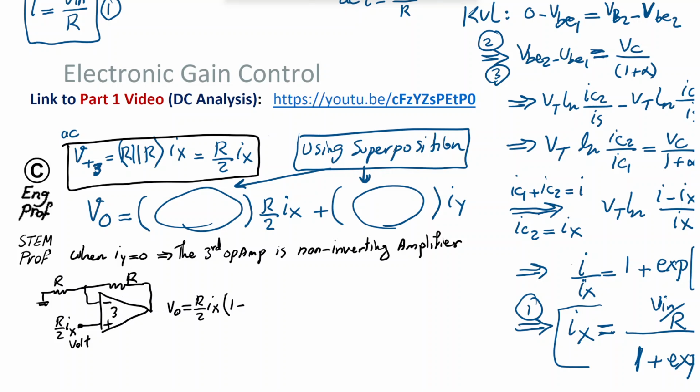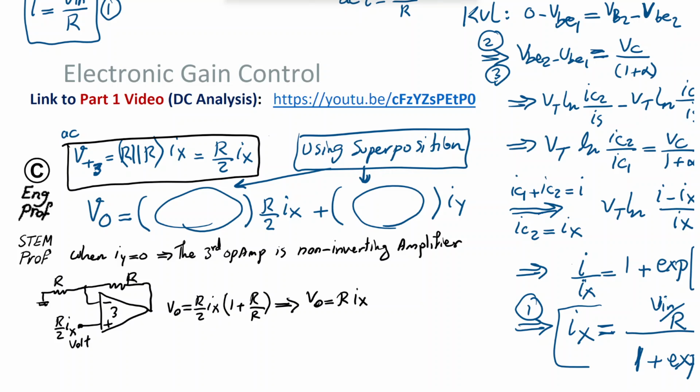divided by this resistor R. So it means 2, which then cancels out with the 2 in the denominator, and therefore the contribution of Ix to the output is just R times Ix.